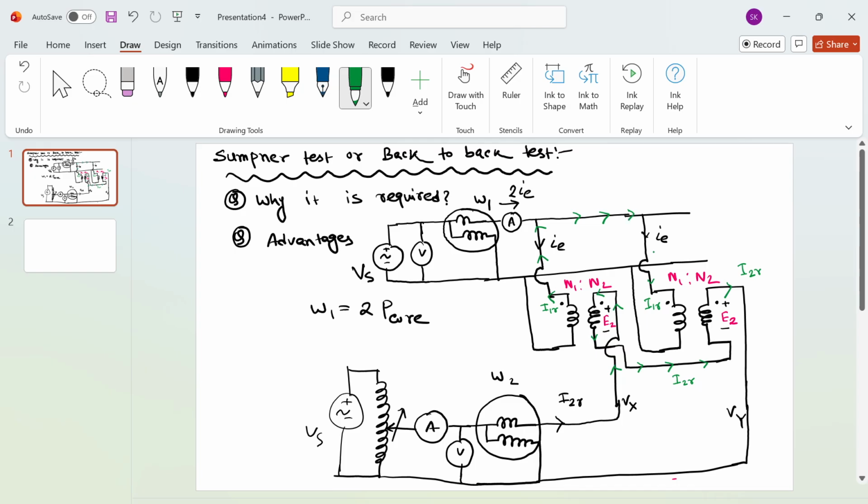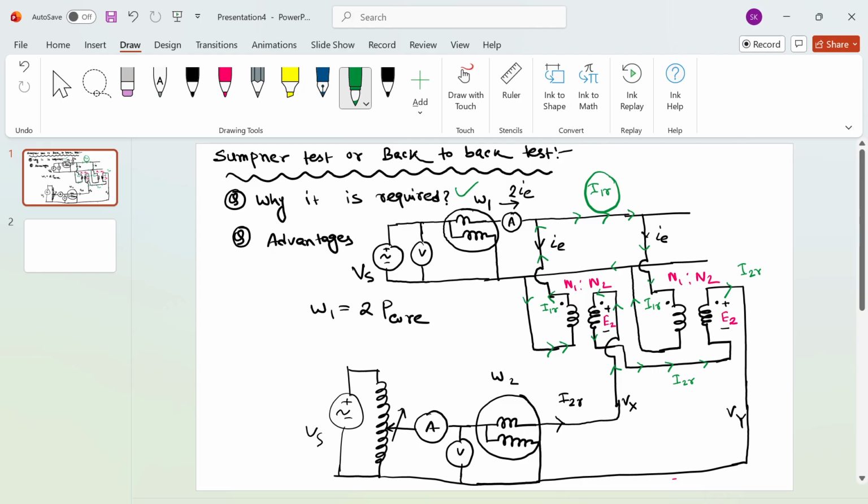I1R is trying to complete its path within these two transformers only. So this I1R is not even getting recorded by this wattmeter 1. This primary rated current will be flowing within those two transformers only.